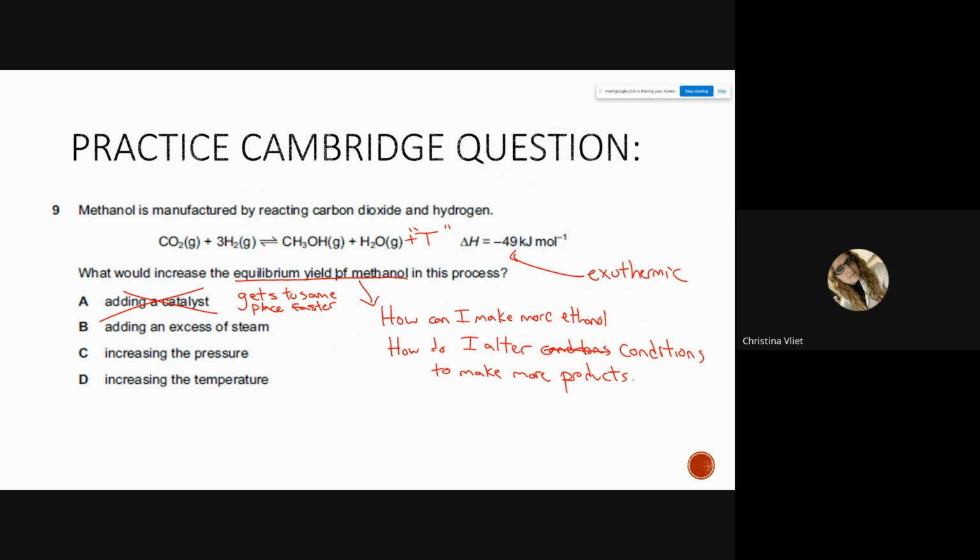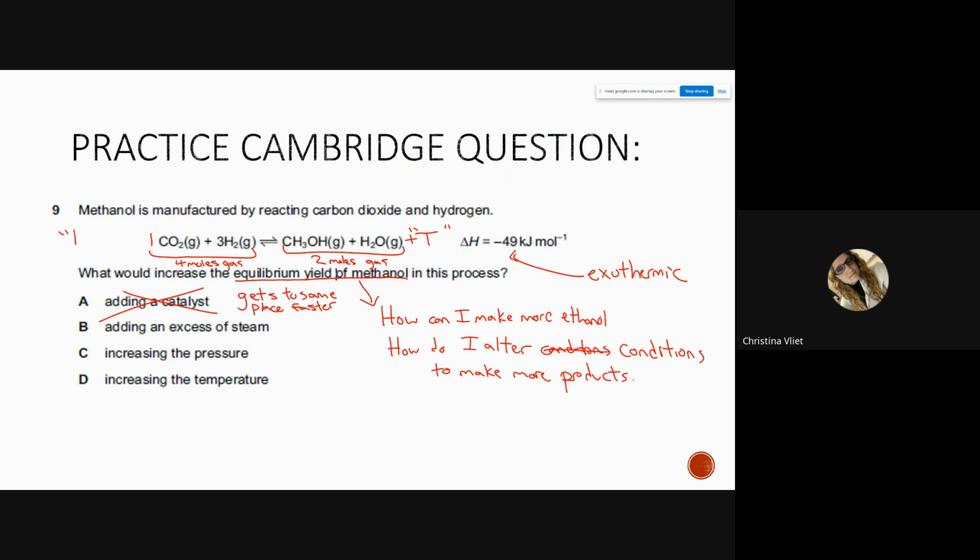All right, increasing the pressure. Which side of the reaction is pressure on? The side that has more moles of gas. To figure that out, we count moles of gas: here there's 1 plus 3, 4 moles of gas, and here we've got 2 moles of gas, so there's a change. Which side has more gas? The reactant side.